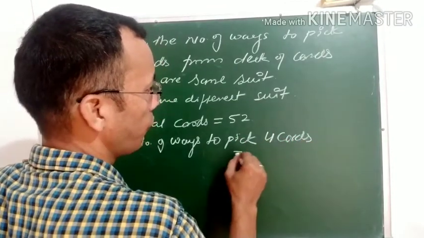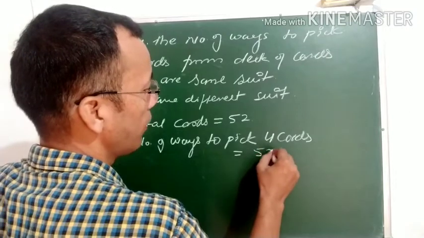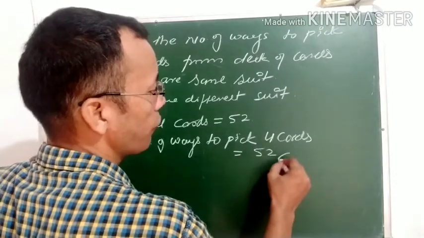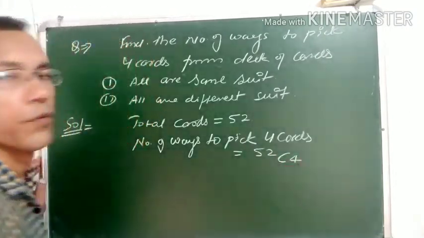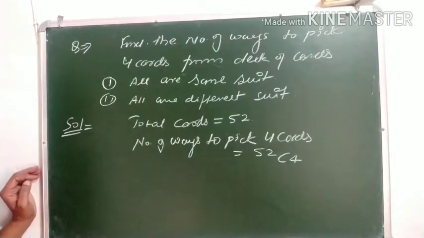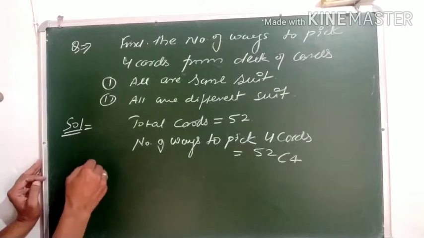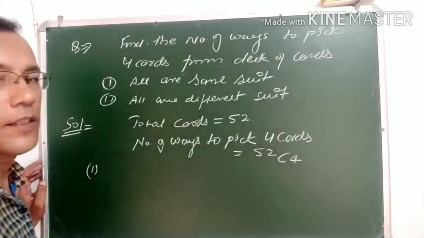That is equal to picking 4 out of 52 cards, that means 52C4. Now the condition given is that all are the same suit.